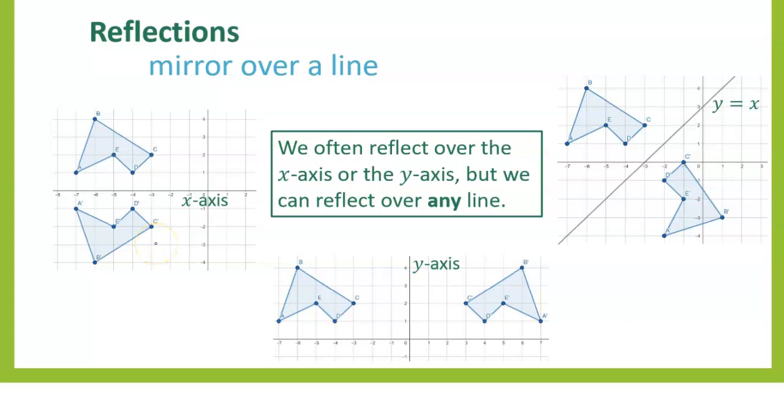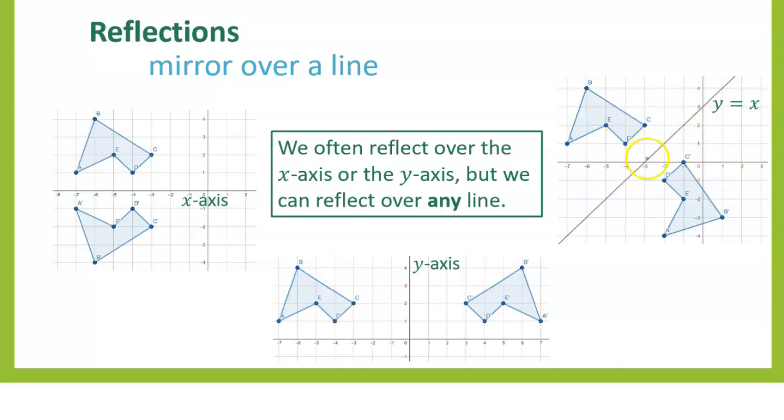But we can also reflect over any line. It doesn't have to be horizontal or vertical. You'll notice over here we have the line y equals x, and we can reflect over that line as well. If we look at our pre-image up here, we can see C is one diagonal away from the line, and C prime is also one diagonal away.